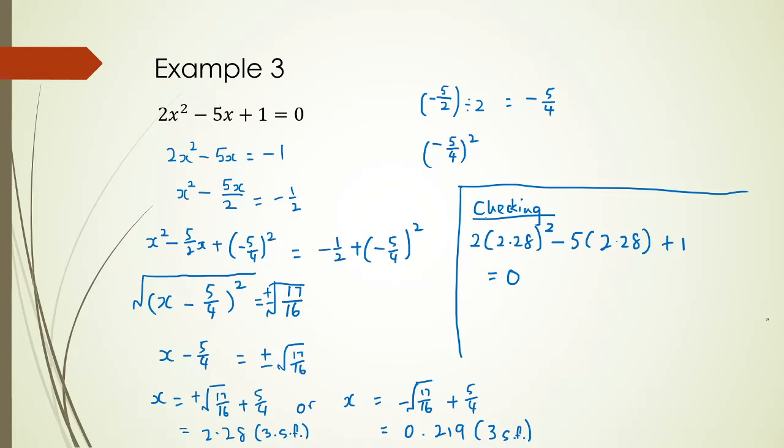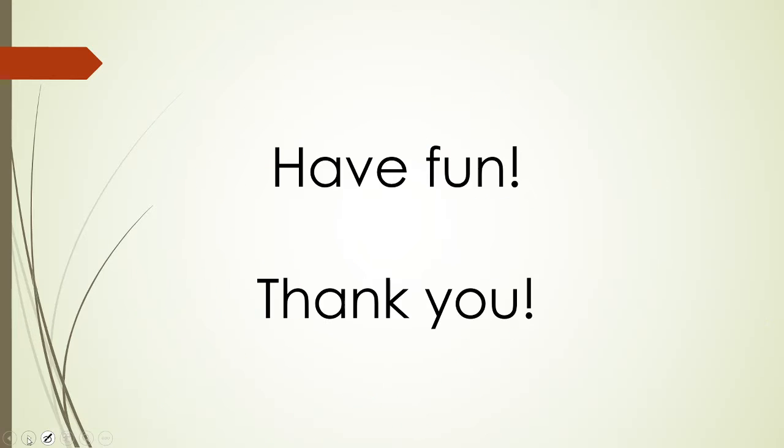Okay, now that's all for today. Before I wrap up, let me change back to the normal slide. Okay, now before I wrap up, I just want to reiterate two things that we have found out today.